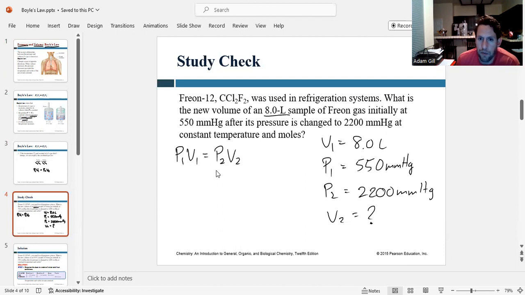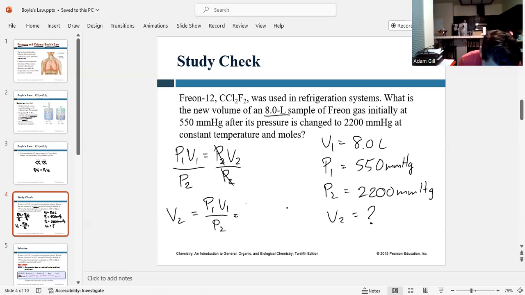So let's rearrange the equation to get final volume by itself. So we need to get P2 to the other side. So if I divide both sides by P2, that cancels. And so we have volume 2 all by itself is equal to P1 V1 over P2. Now all we have to do is plug in our numbers and punch it into the calculator.